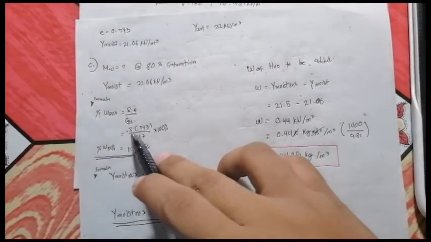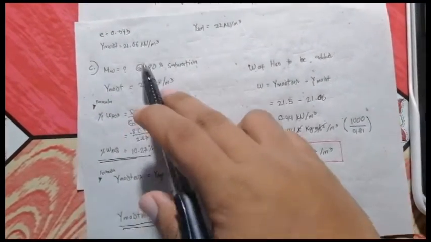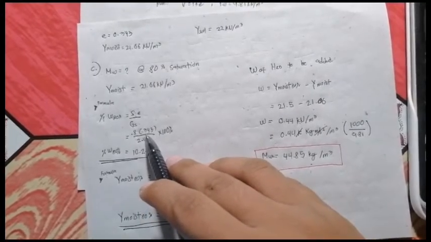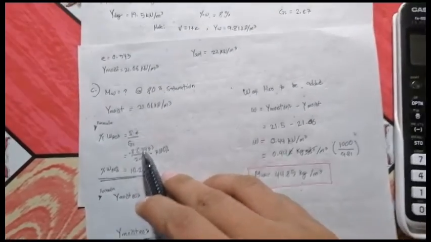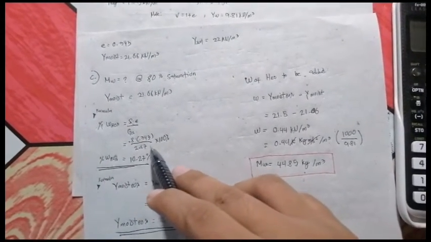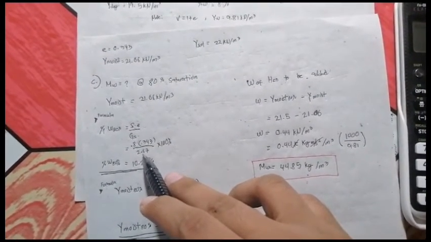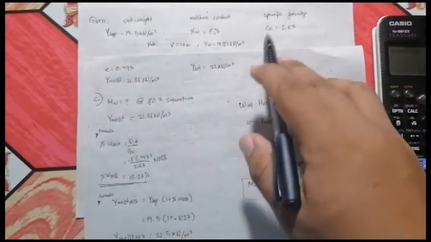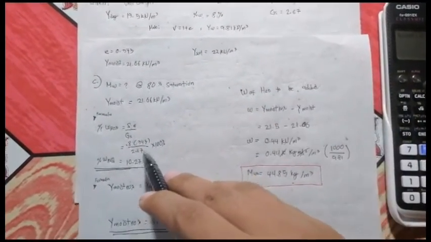So, substitute na natin yung meron tayo. Saturation natin, which is 80%, so 0.8. And then, void ratio natin na 0.343. Yan. All over the specific gravity, which is 2.67. Yan. 2.67.